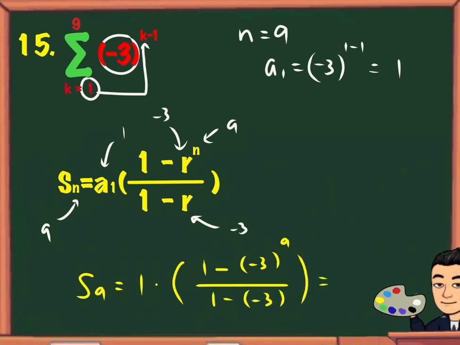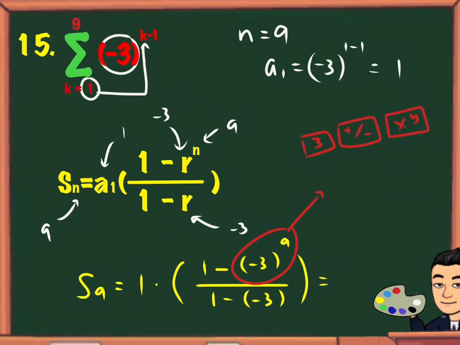For negative 3 to the 9th power, let me give you guys a full rundown. If you're using an iPhone, once again, you push 3, press this one to make it negative 3, and then press x to the y.